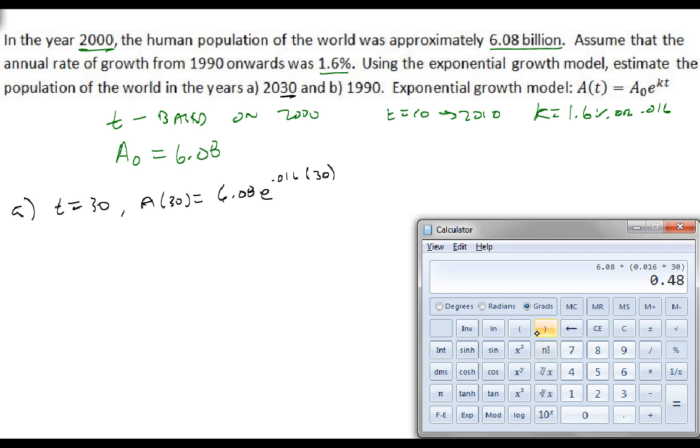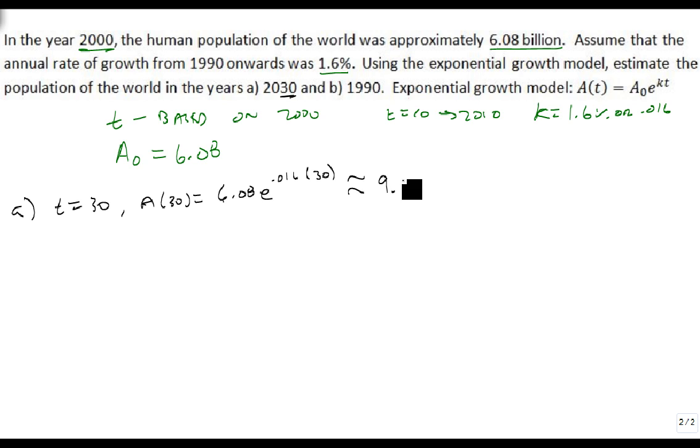I'm going to close that parenthesis and then raise e to that power and then times. So when I hit equal, this will tell me what my population will be. And it says in the year 2030 we should be at approximately 9.83 billion people.